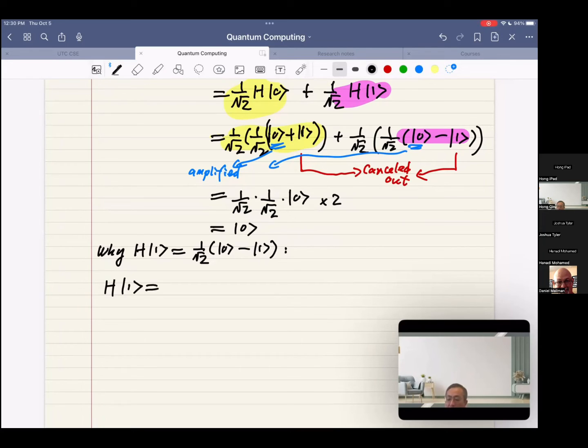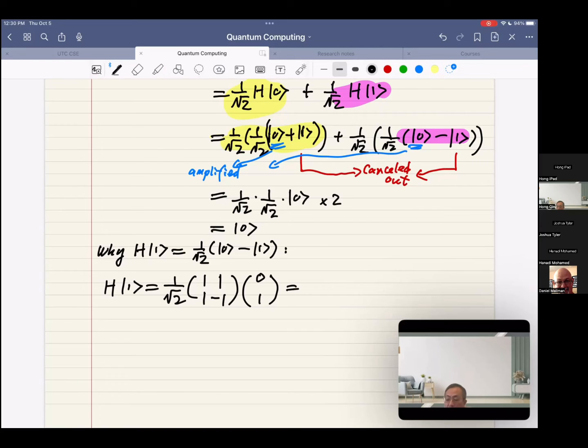Well, the Hadamard gate is what? Minus 1. And what is cat 1? Cat 1, the first bit is 0, the second bit is 1. So that's cat 1. And we basically can just expand this out. The first term is 1.